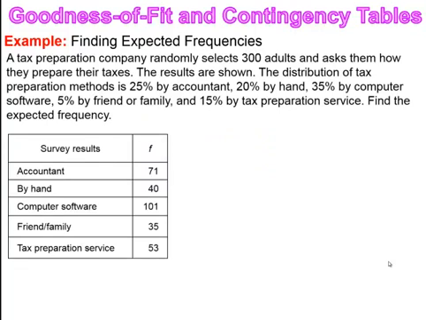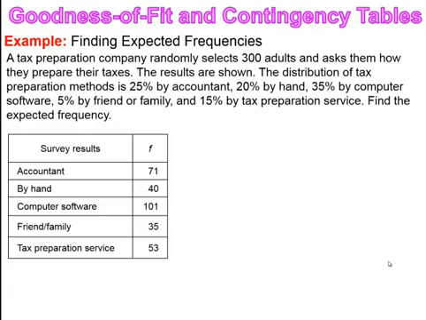This next example is finding expected frequencies when you're given percentages based on categories. A tax preparation company randomly selects 300 adults and asks them how they prepare their taxes. The results are shown in the table, so we have our frequencies.